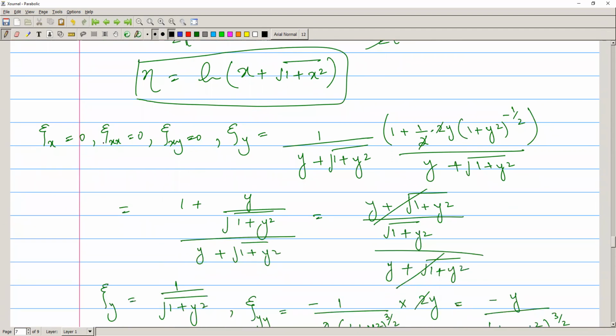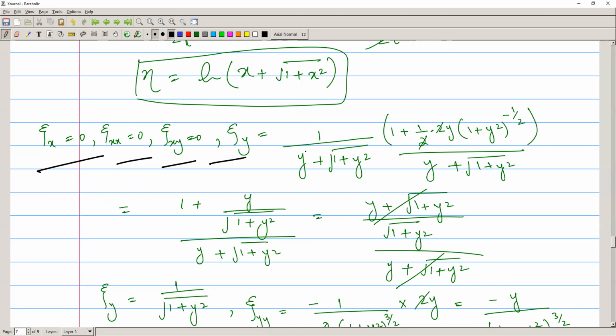Now, after finding eta and psi, we need to identify these derivatives, right? So psi x will be 0 because psi is a function of y only, and psi xx will also be 0, so psi xy will also be 0.